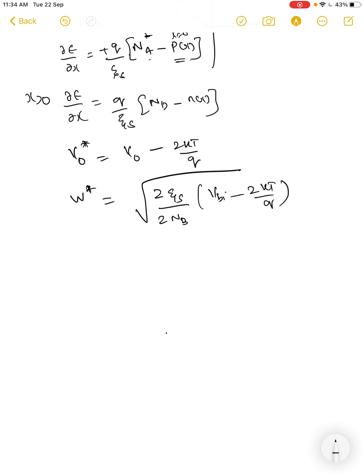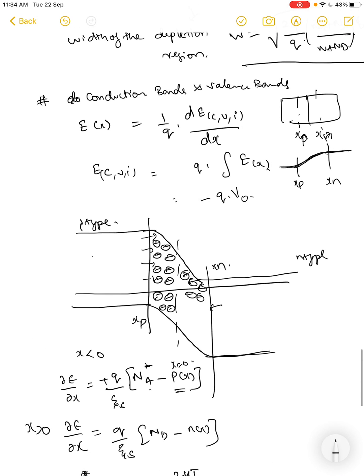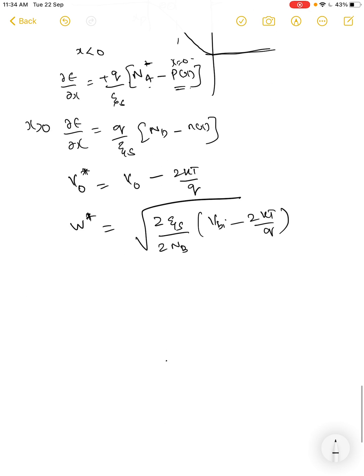You remember this is the actual potential, so this width is consistent with our previous width calculations. The actual potential being smaller, the actual width will also be significantly smaller. So we will stop here. The next time we meet, we will talk about the Debye length, the depletion capacitance and so on. Thank you.